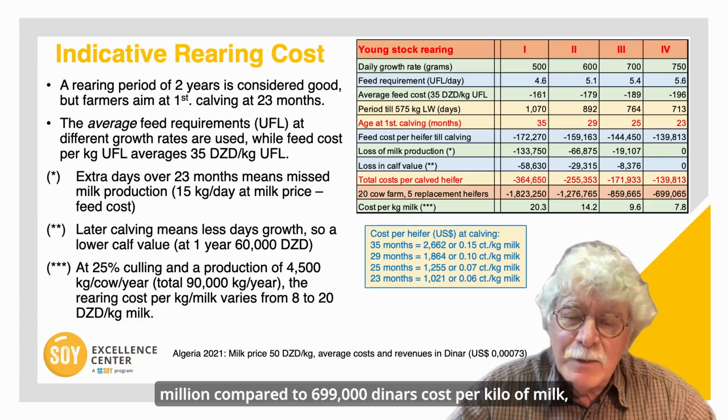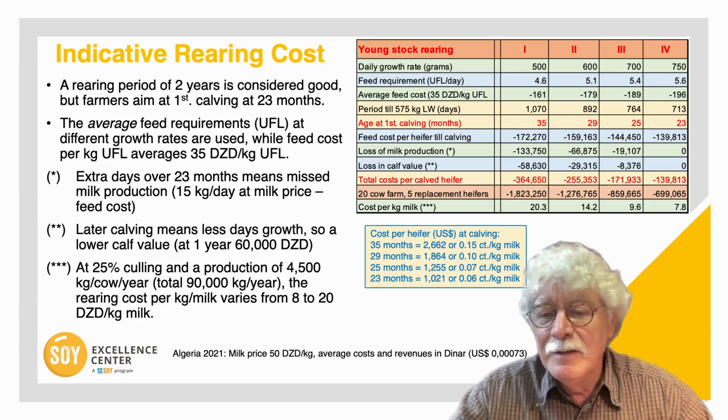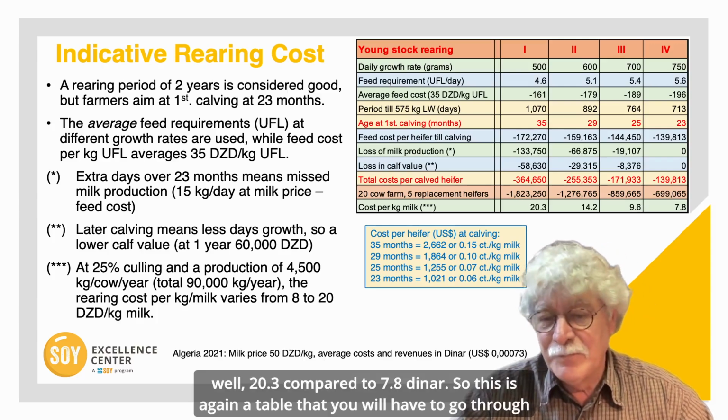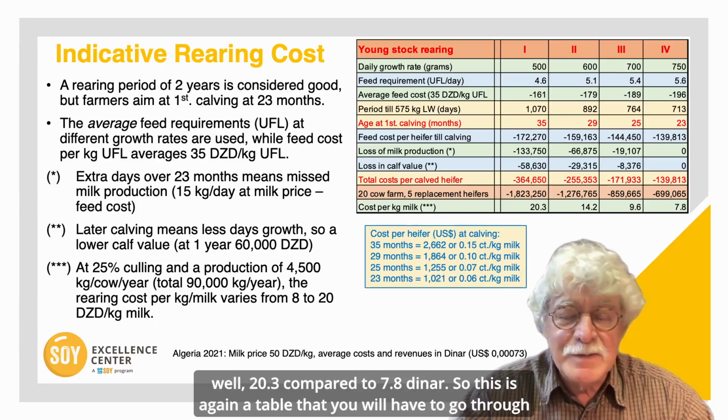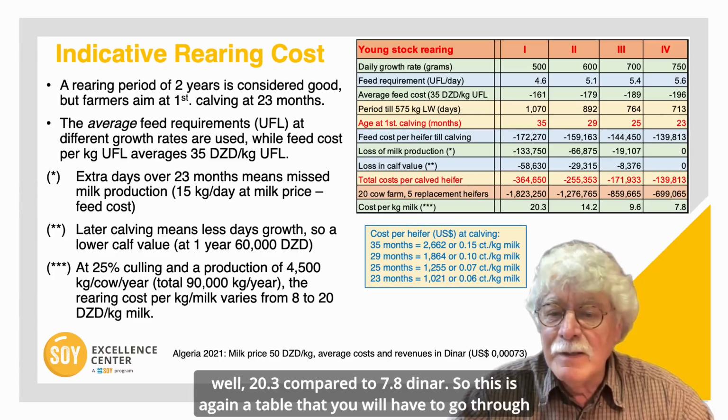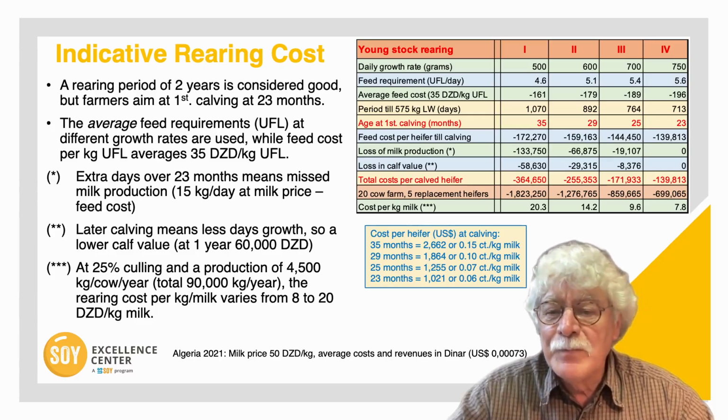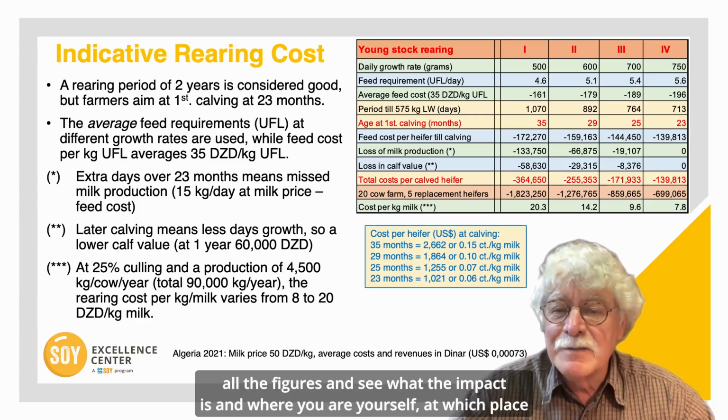And then if we calculate that back to the cost per liter, per kilo of milk, 20 compared to 7.8.